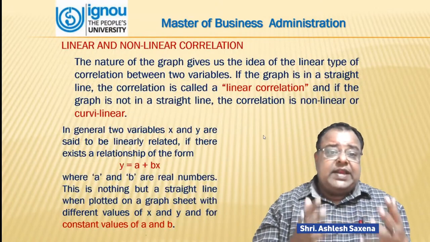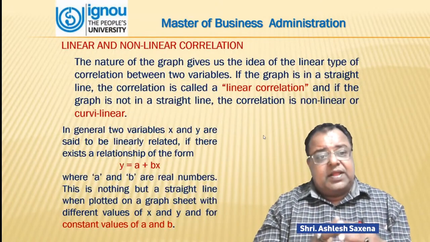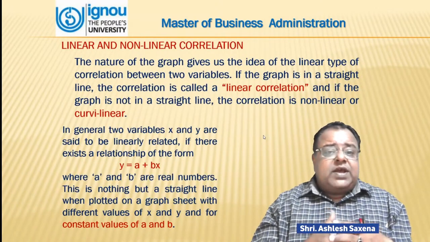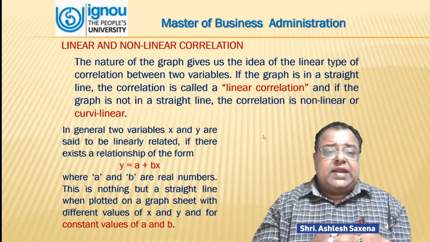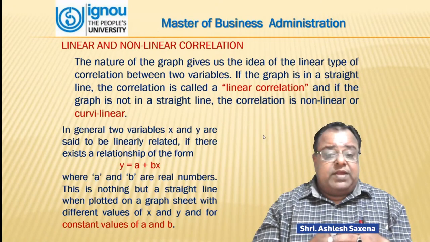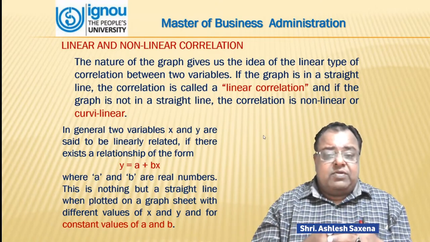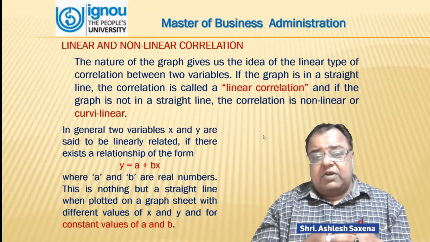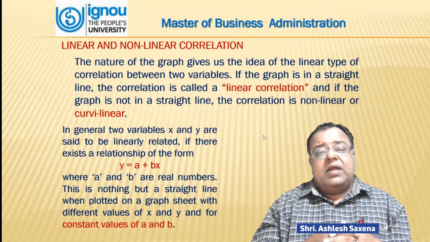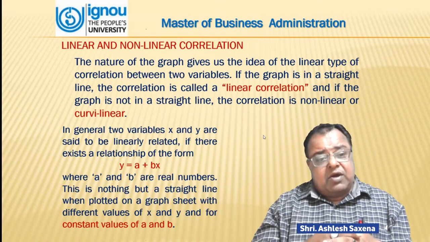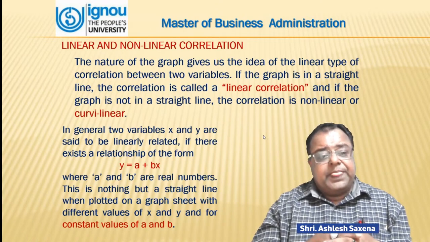Then comes linear and non-linear correlation. The nature of the graph gives us the idea of the linear type of correlation between the two variables. If the graph is a straight line, the correlation is called linear correlation. And if the graph is not a straight line, the correlation is non-linear or curvilinear.